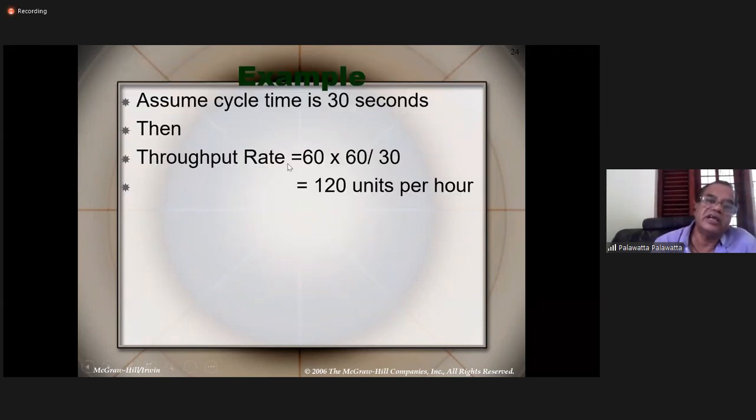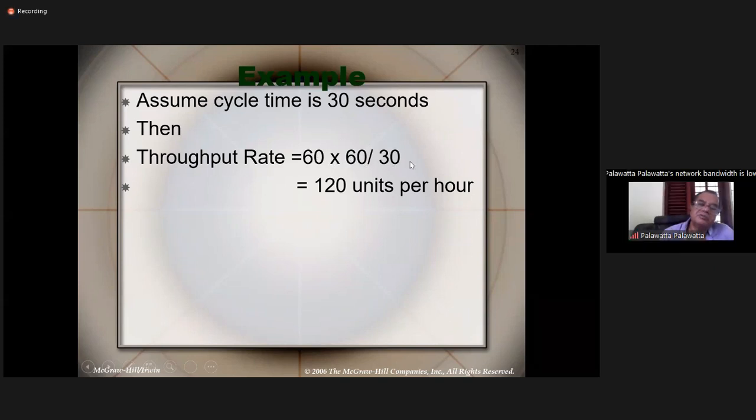Then the throughput rate is, in 1 hour, you have 60 minutes and 60 seconds, so 3600 divided by 30. Then you have a throughput rate of 120 units per hour.